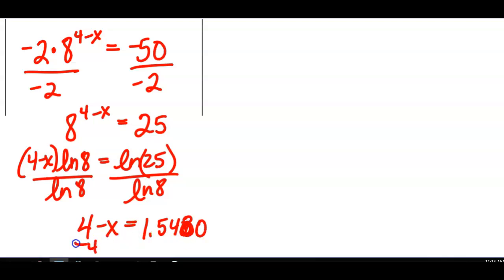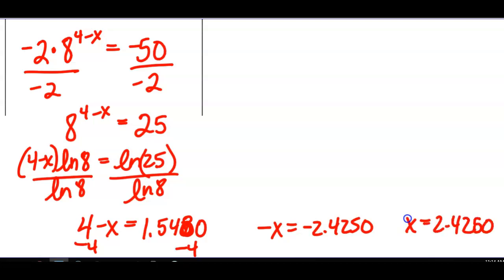Then if I subtract 4, I get negative x equals negative 2.4520, which means x is 2.4250. If I plug that back in up here, I just want to check one for you.